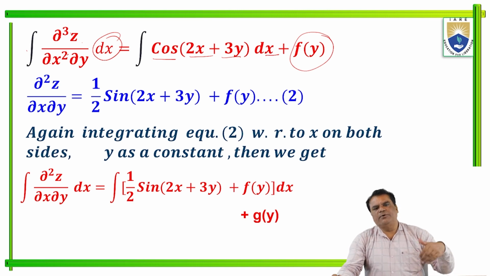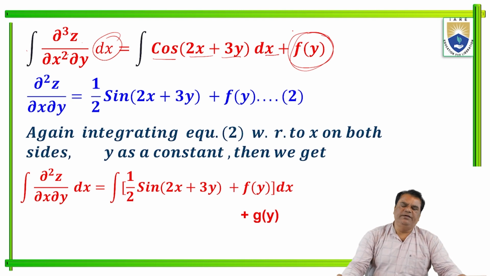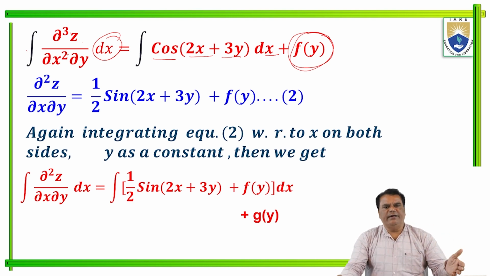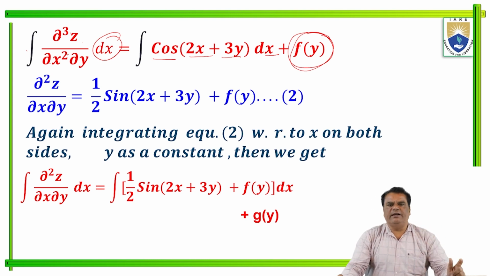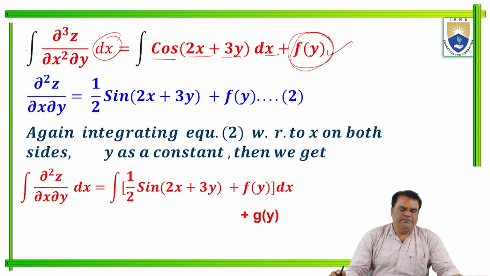So we do not add a constant c1 or c2; we add some function of y, because y is constant with respect to x. After integrating, we add one arbitrary function of y.